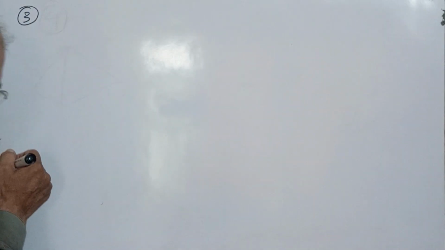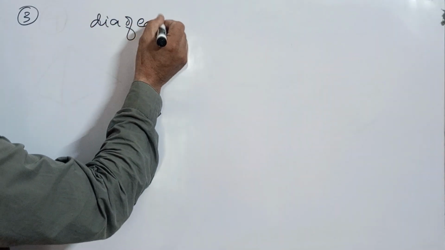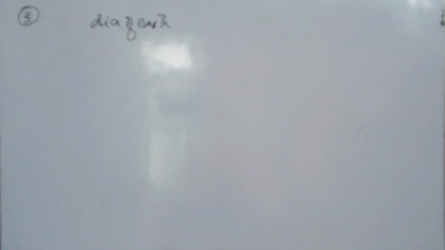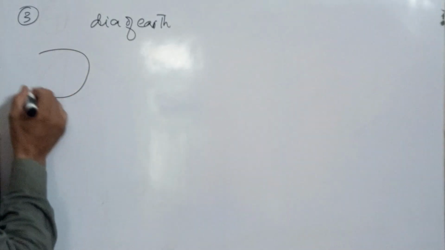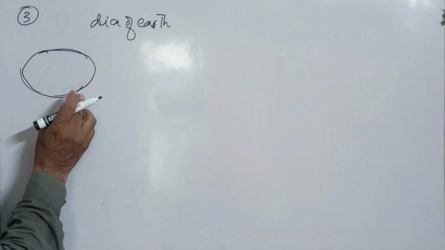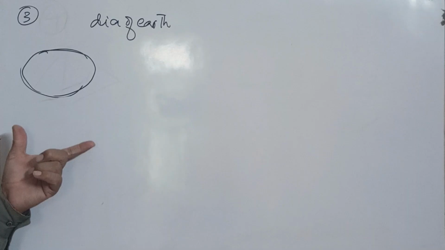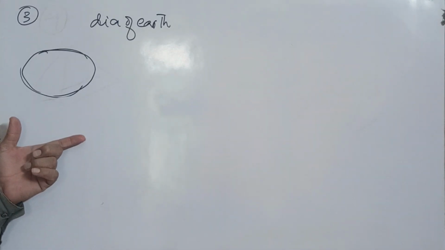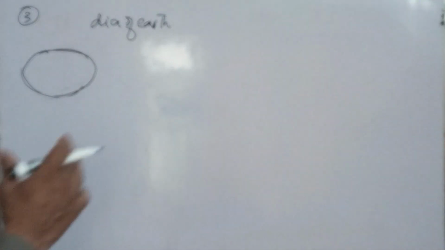So the diameter of Earth is approximate, because in fact the Earth is not a regular sphere. It is something like elliptical, because when the Earth was born it was very hot, and when you spin a hot thing it will elongate.